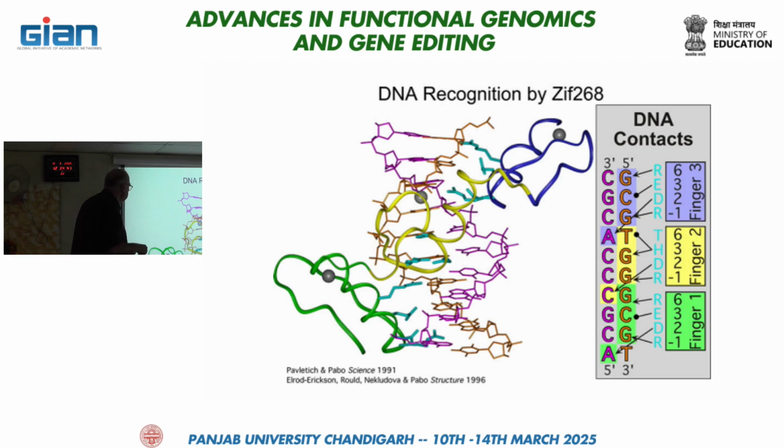These balls are zinc ions, and they can recognize DNA precisely. The DNA is in purple, and this is a specific transcription factor, and you can see that it recognizes specific sequences directly by interaction with specific amino acid residues.